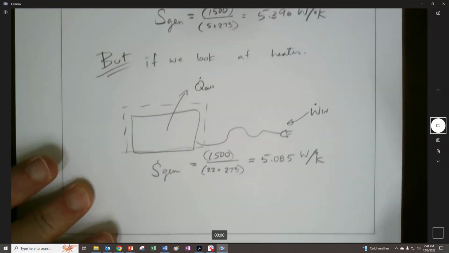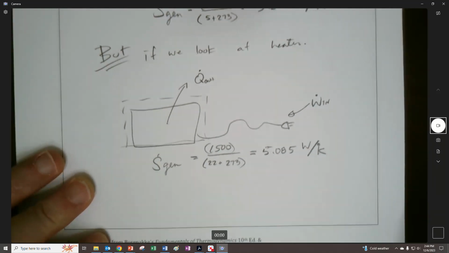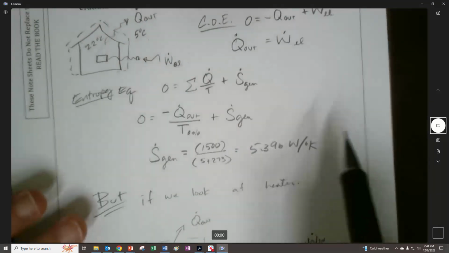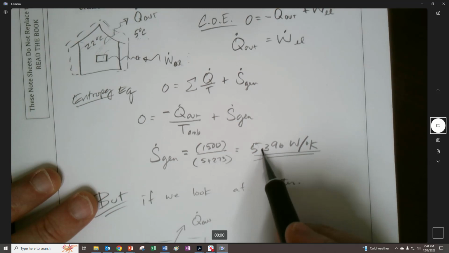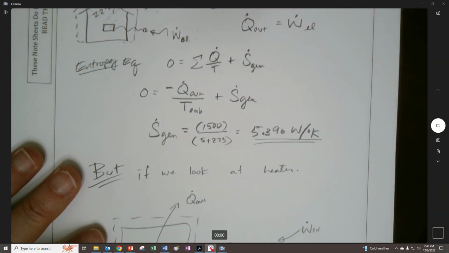Now, if you were to, let's see if I'm going to say this the right way. No, I think I'm going to stop right there. So we've identified an entropy generation here, and here's the one that they want, the rate of entropy generation for this. Actually, let me go back. I'm hemming and hawing because I don't want to say the wrong thing. Oh, come on!